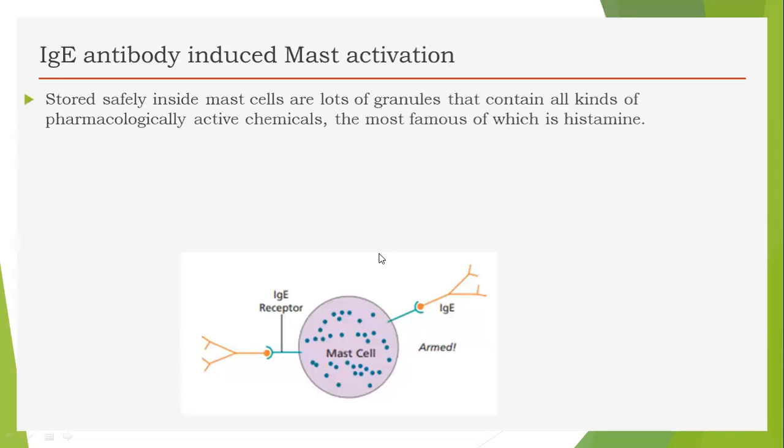And more importantly, when we talk about immunoglobulin antibody-induced mast cell activation, we already know that stored within the mast cells we have a vast number of granules that contain a lot of chemicals, and one of those important chemicals that we have heard of is histamine.